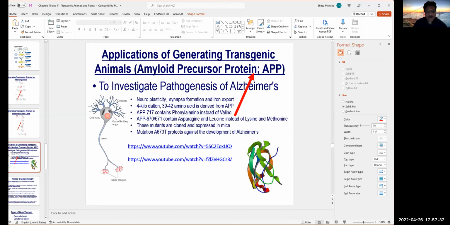So amyloid precursor protein can create plaques in the human brain. There are various theories for the pathogenesis of Alzheimer's. One theory is that there are a lot of proteins that deposit in the brain, and once it starts depositing, it keeps increasing. And there are many hypotheses for that. So this is one of the approaches.